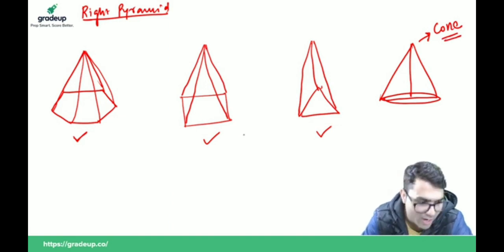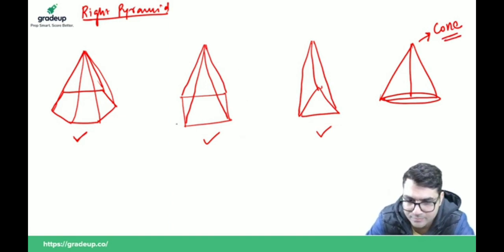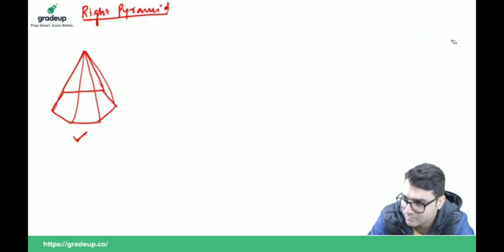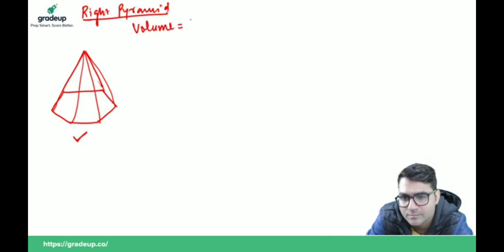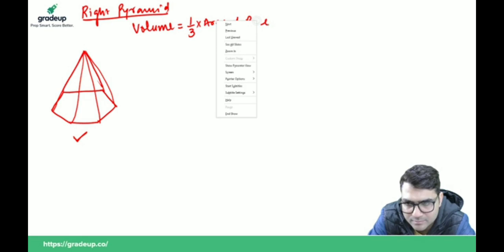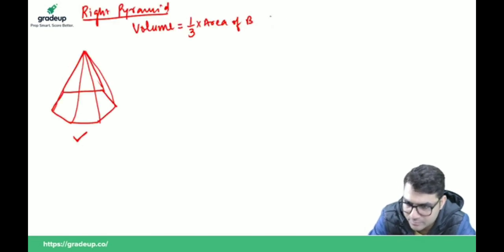Okay, now I will tell you about the formulas. Now listen carefully. Volume of pyramid is what? 1 by 3 area of base into height.